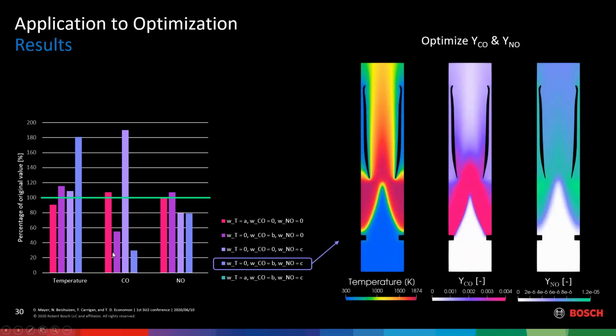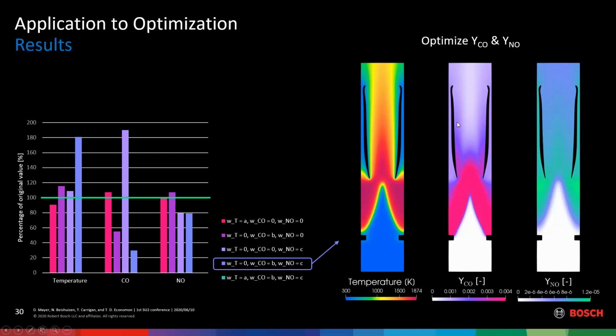When we combine CO and NO as optimization targets, we find that we are indeed able to reduce both. So for this, the local optimum is even better for CO than the one where we optimized only for CO. And you can see that again, the geometry is a little bit further away from the flame front, which gives CO more time to react.